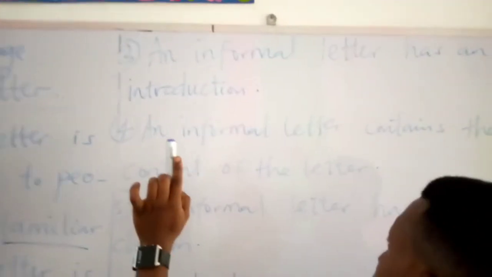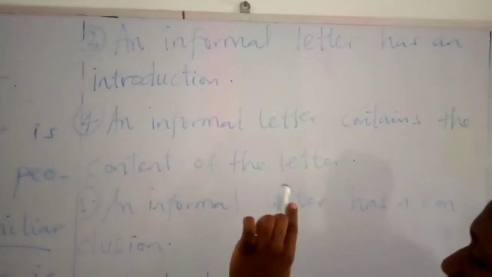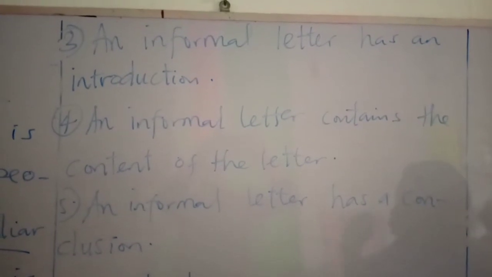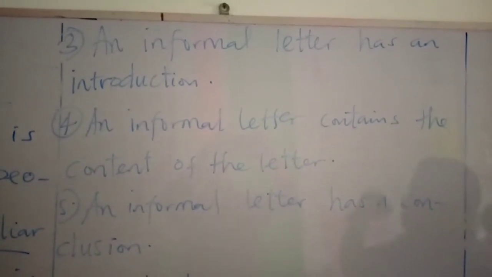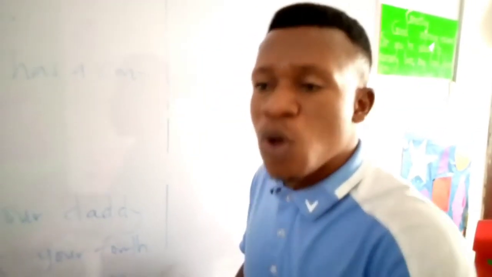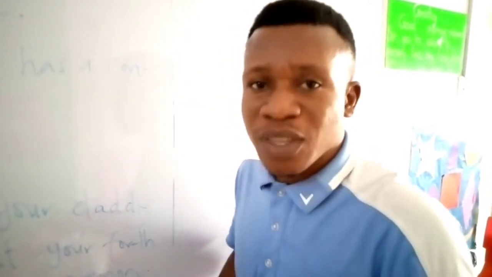The fourth thing here is that an informal letter contains the content of the letter. The content, the message you're trying to pass to the person you're writing to, is the content. What are you trying to say in your letter? Is your letter talking about vacation?